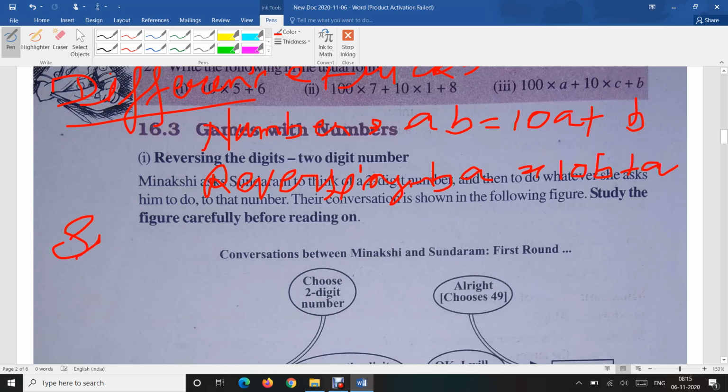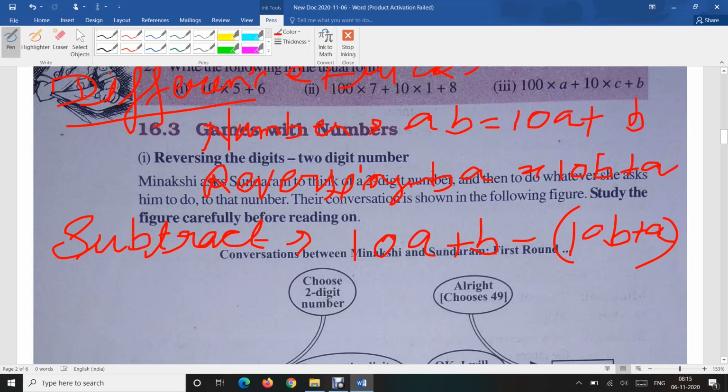When we subtract, it will be 10A plus B minus 10B plus A. As we know, if there is a negative sign outside the bracket, then the signs inside the bracket will change.